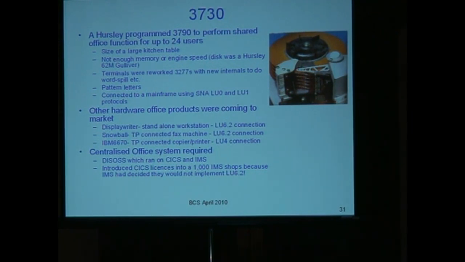Now, the hardware aside on this is the disk was a Hursley disk called the Gulliver, which had 62 megabytes. Also, the other great thing about it, if you're into hardware, was the read head didn't go in and out, it swung. It was a swing wing architecture.